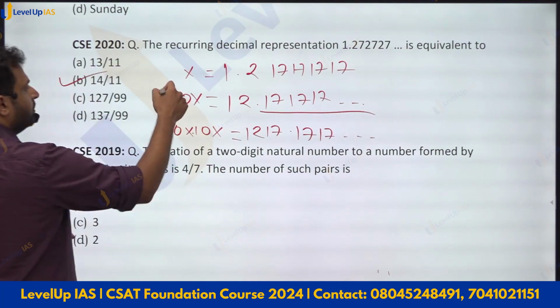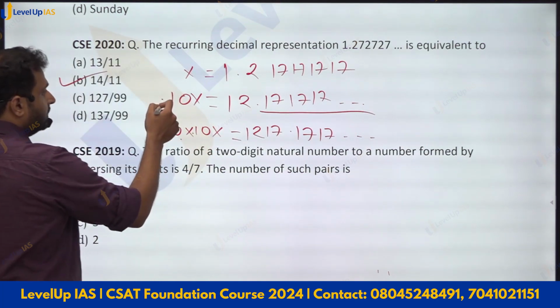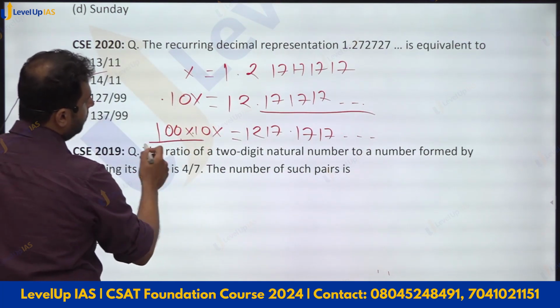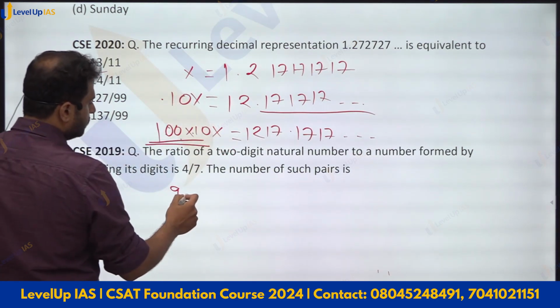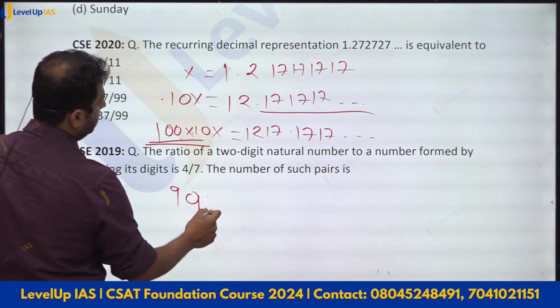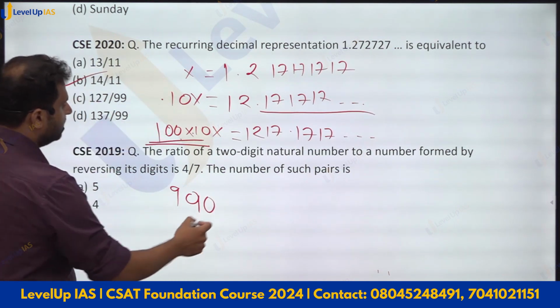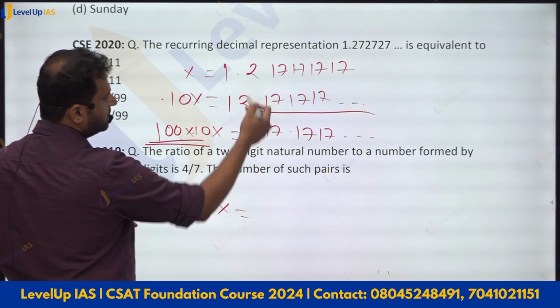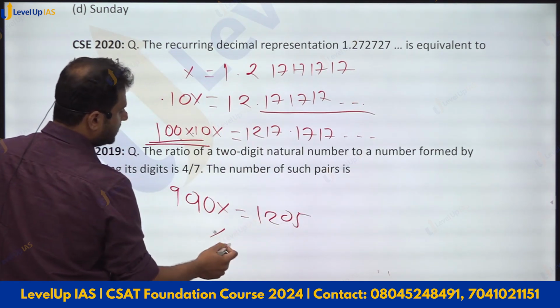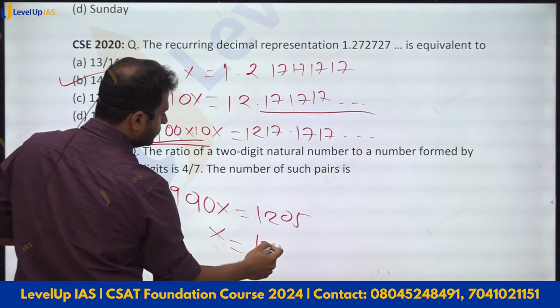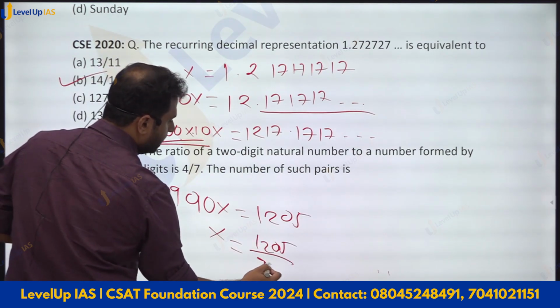Now we can subtract this from this. So we have 1000x minus 10x. So 990x is equal to 1217 minus 12. So we have 1205. So x comes out as 1205 divided by 990.